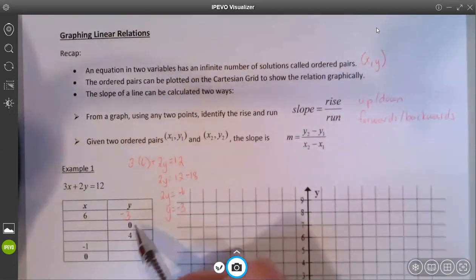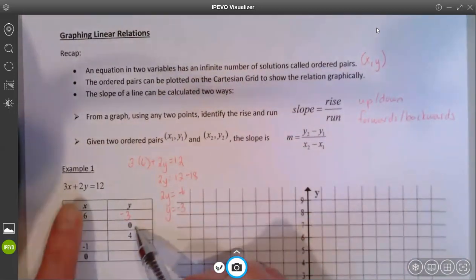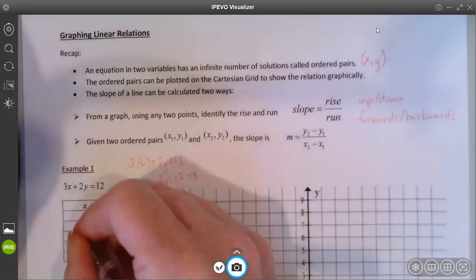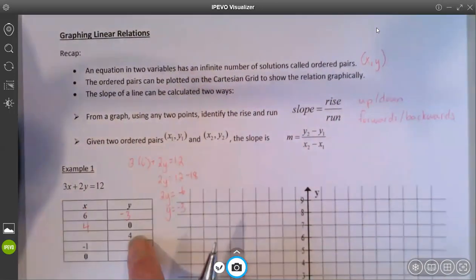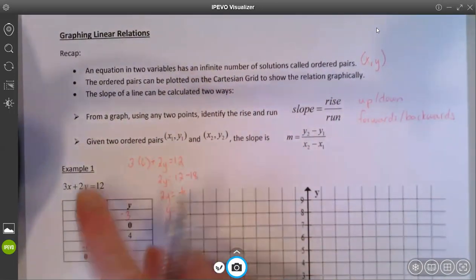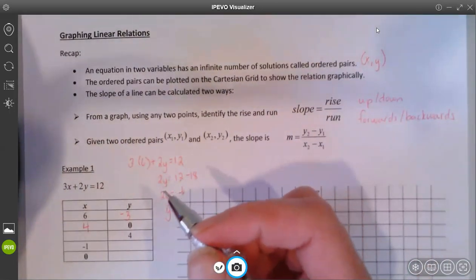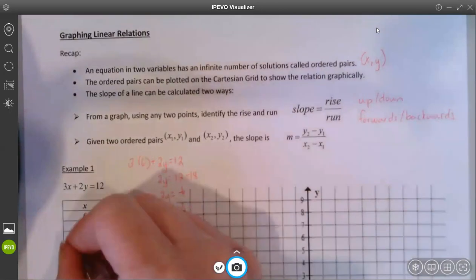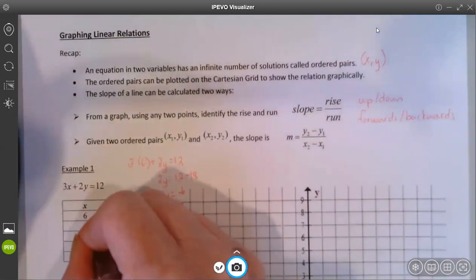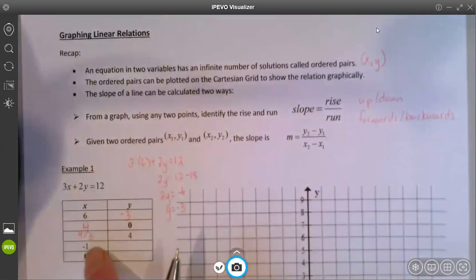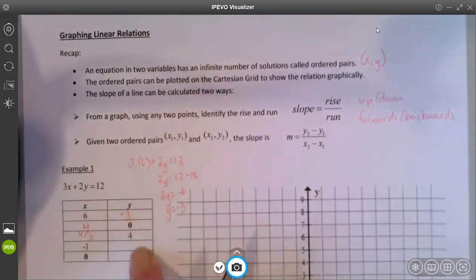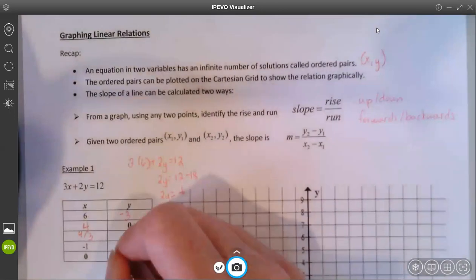And if y is equal to 0, x is equal to 4. If y is equal to 4, we are going to get a fraction for x. It's going to equal 4 over 3. If x is equal to negative 1, we are also going to get a fraction. We're going to get 15 over 2.